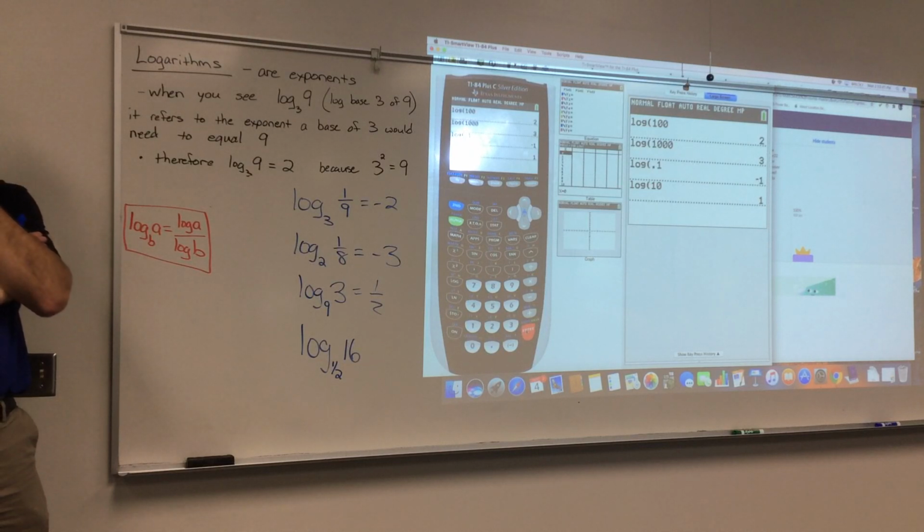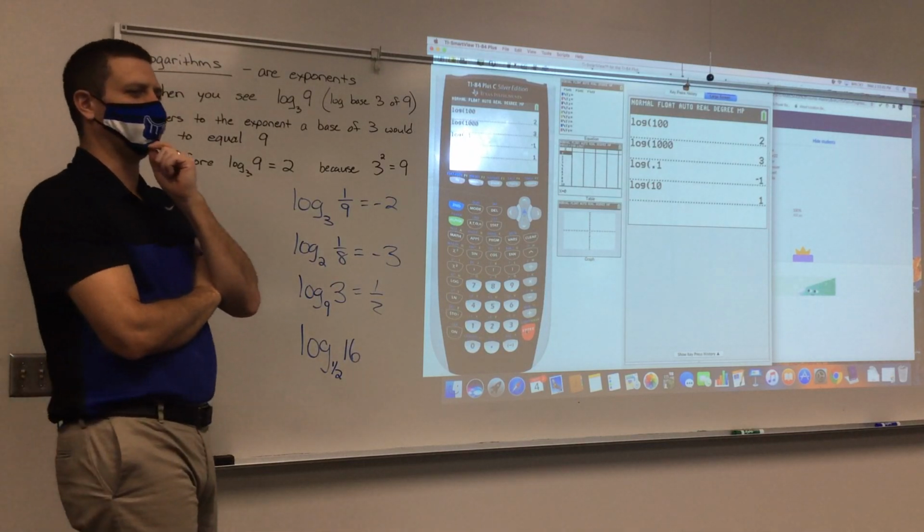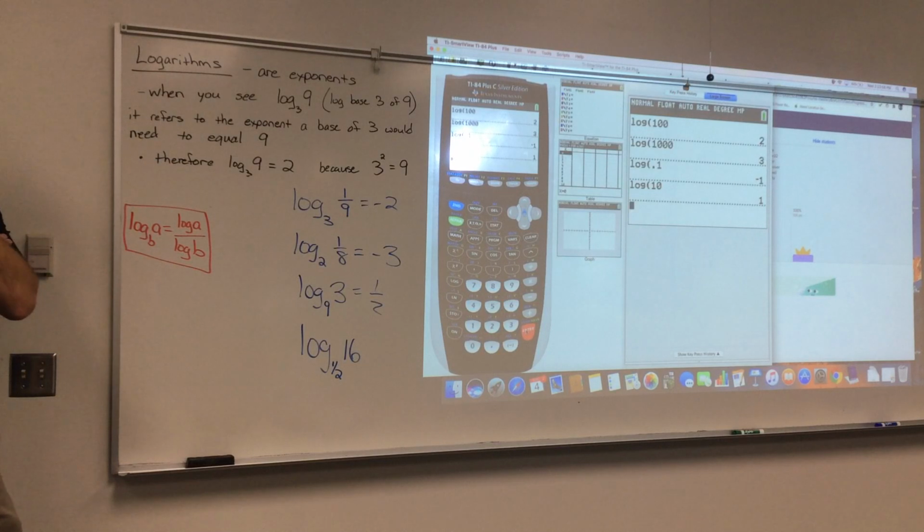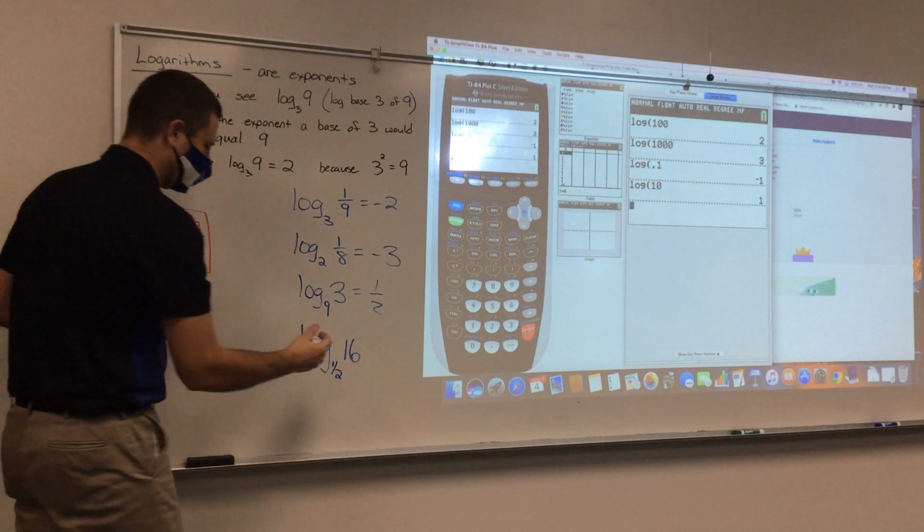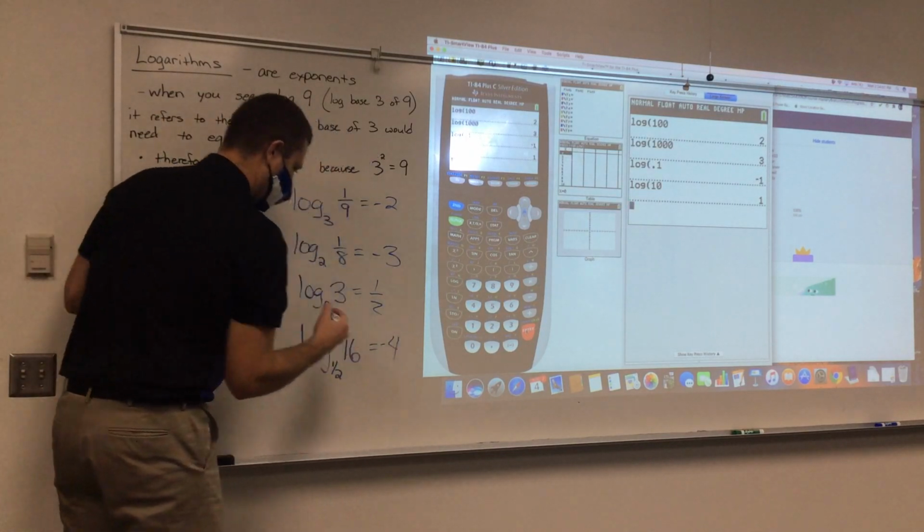One half to the sixth would equal 1/64. Oh, it's going to be negative 6. That would equal 64. That would equal 32. Negative 4. There it is, negative 4.